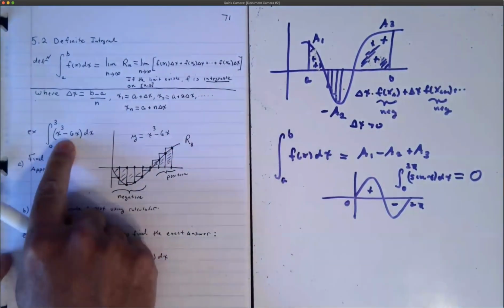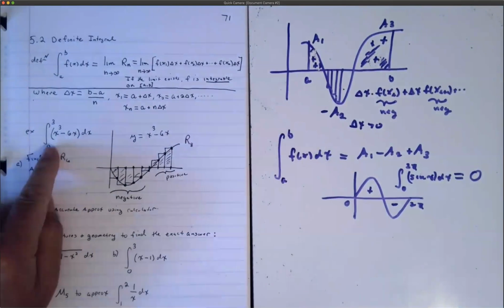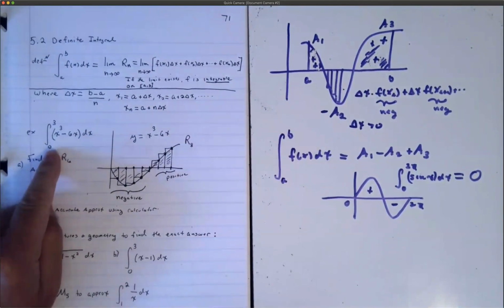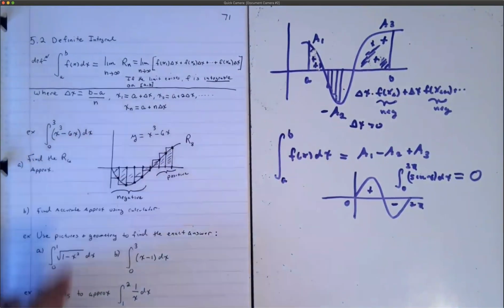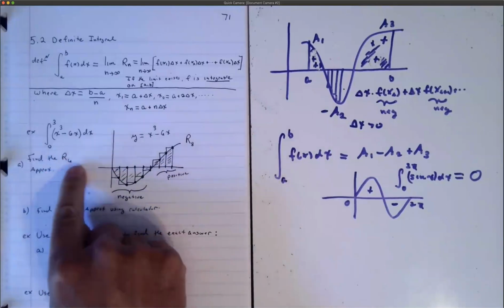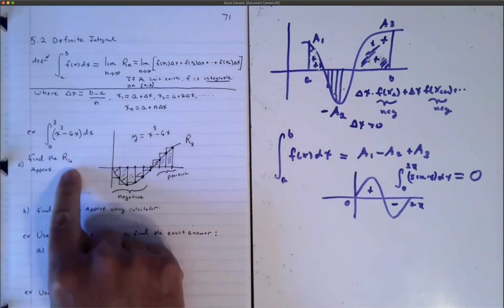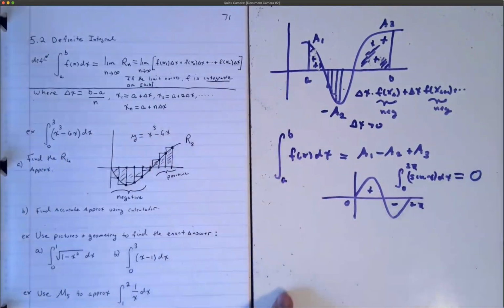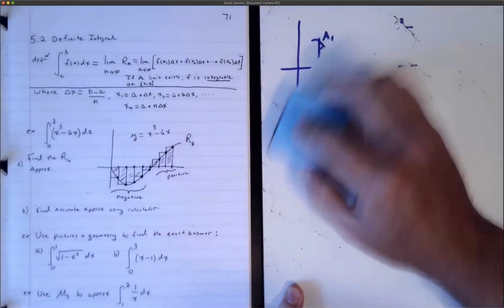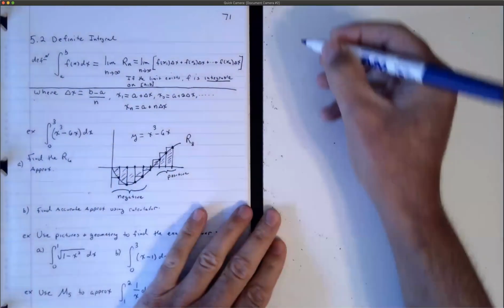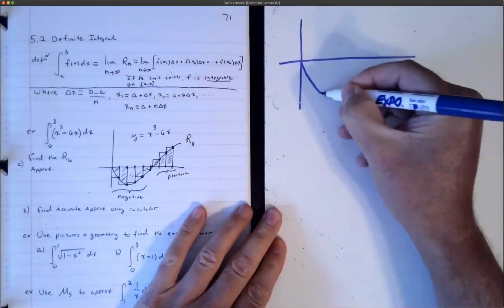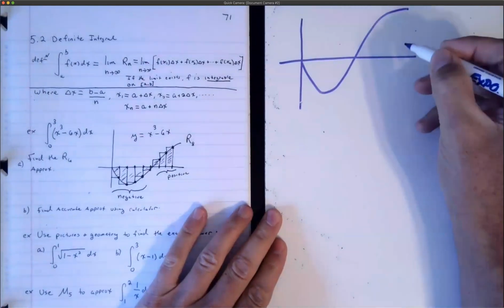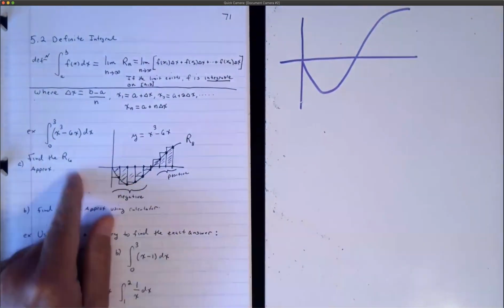All right, so let's try a little example here. We have the definite integral from 0 to 3 of x cubed minus 6x dx. So let's try to find the R6 approximation. We're going from 0 to 3, and we want to split the region into 6 boxes.